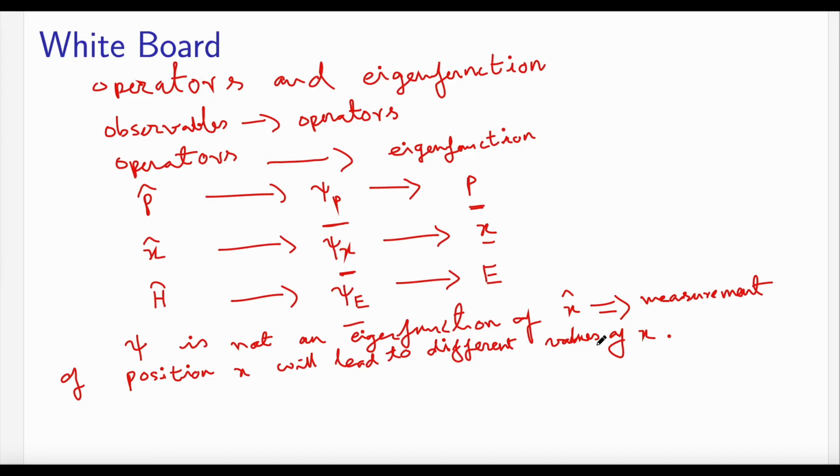Now we are going to study the hydrogen atom quantum mechanically. In the hydrogen atom, we have one nucleus which is a proton, and this is plus, and here we have an electron which is minus.